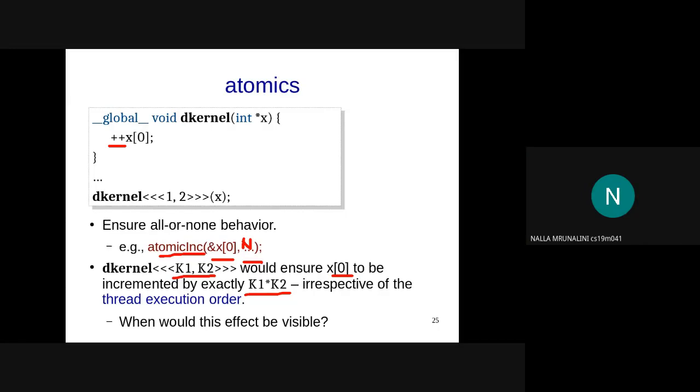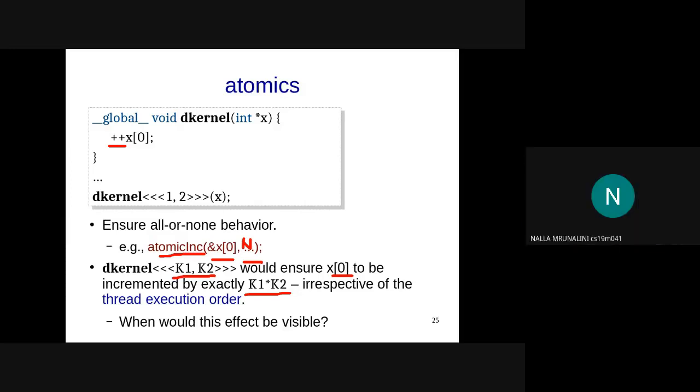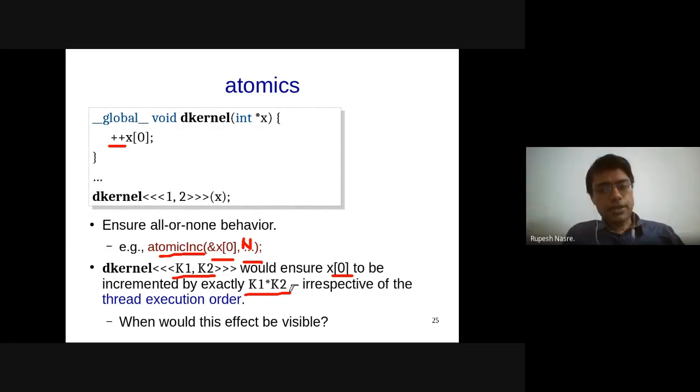Sir, I didn't understand the last point. The last point of what was being said? No, sir, like the kernel K1, K2 would ensure x of 0 to be incremented by exactly K1 into K2 times, irrespective of the thread execution. I see. Sure, I'll explain that. The number of threads with which we are launching the kernel is K1 blocks, and each block contains K2 threads. So there are K1 into K2 threads.